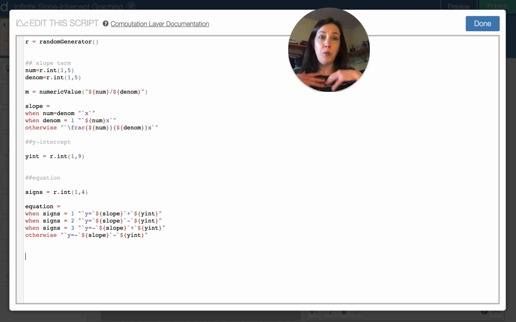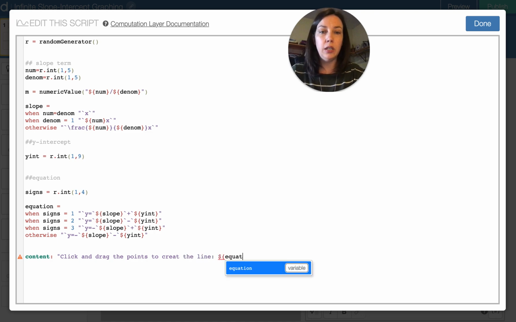Now I actually want it to show up in the note. So the content, I want the directions and everything all wrapped up here. So I'm going to tell the students to click and drag the points to create the line and then the equation.